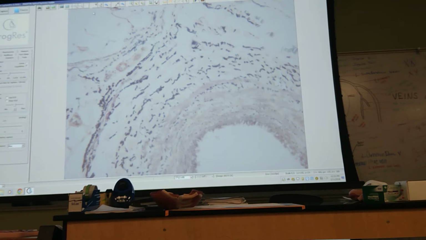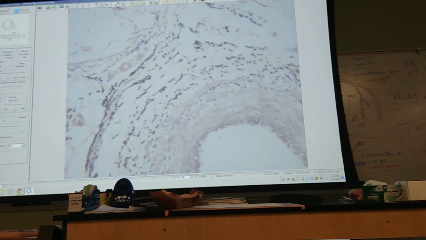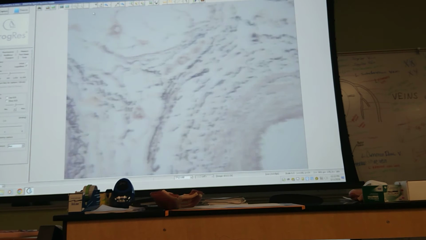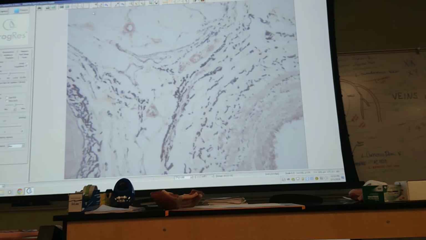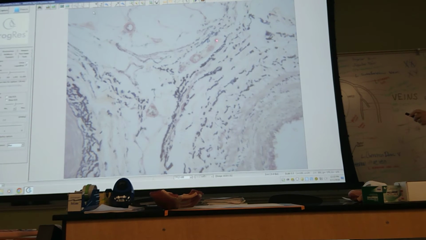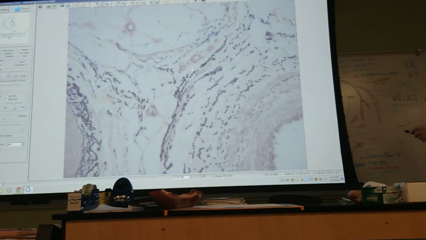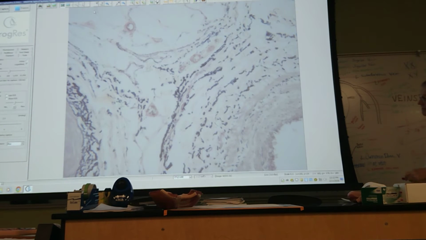See it? What do you see? Vasa vasorum. There's a real little one. Here's a little one. Okay, any others? Here's a somewhat bigger one.